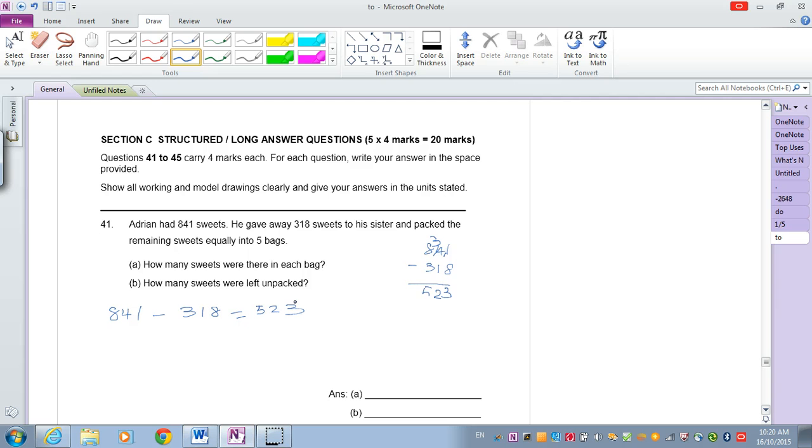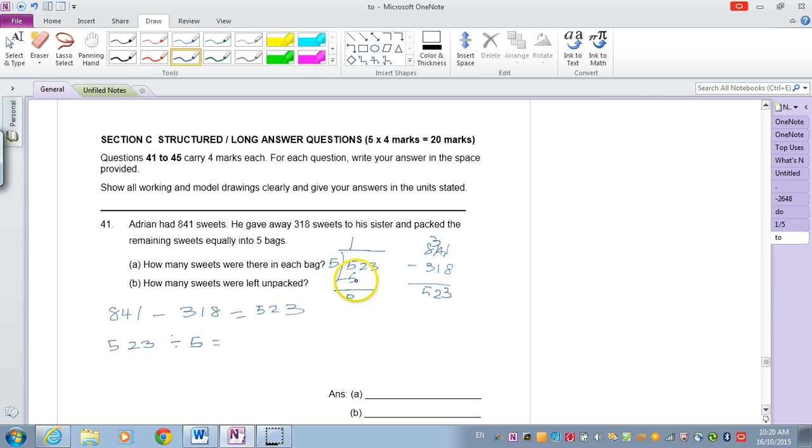However, he packed all these sweets into bags of 5, so we want to find out how many sweets were there in each bag. We have to use 523 divided by 5. Please do your long division. 5 divided by 5, I'll have 1.